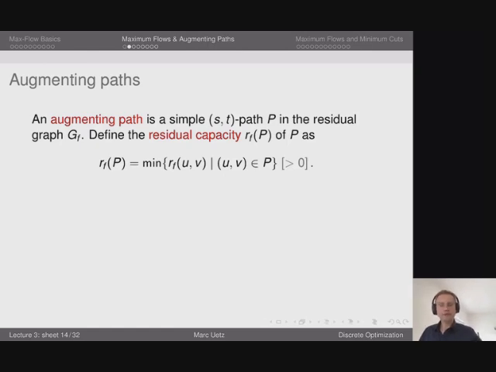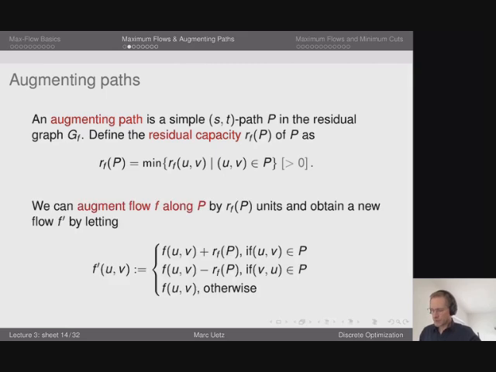Now, once we have found an augmenting path in the residual graph, we can augment the flow by sending the maximum amount along that path. So we can augment the flow F along the augmenting path P by that many units, that is the residual capacity of that given path.